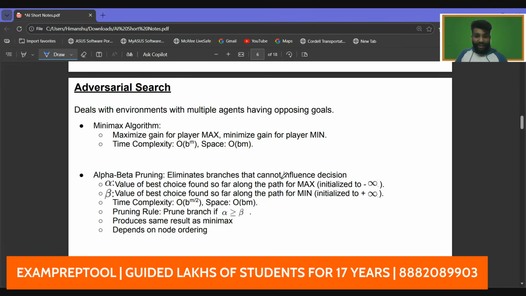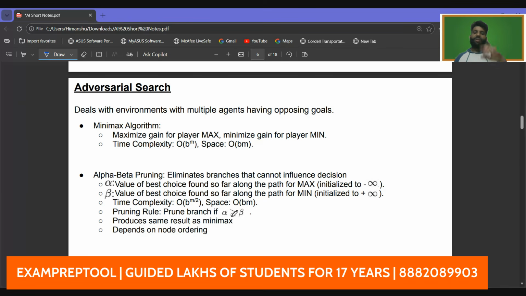And if in any case we get alpha greater than or equal to beta, that's where we prune the branch. Similarly for the state value, if we are getting the value within the interval, we might be fine. But if it is outside, we have to prune it.